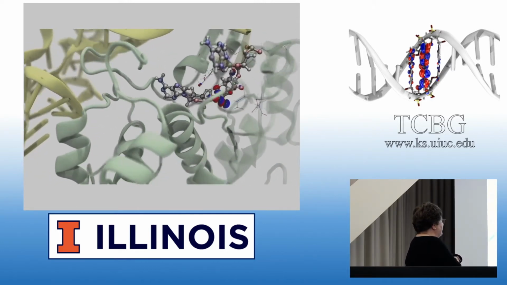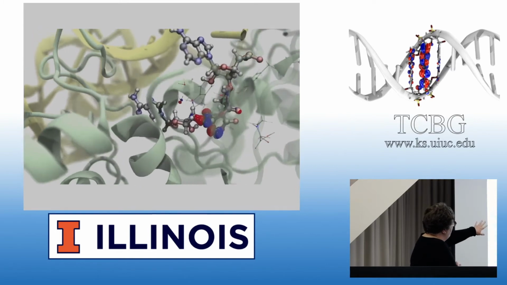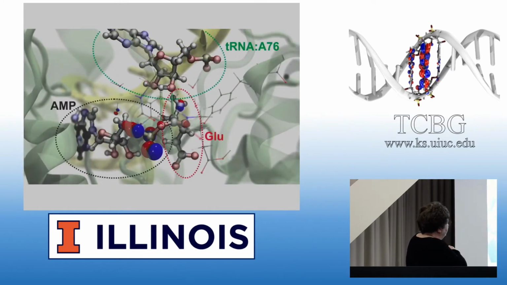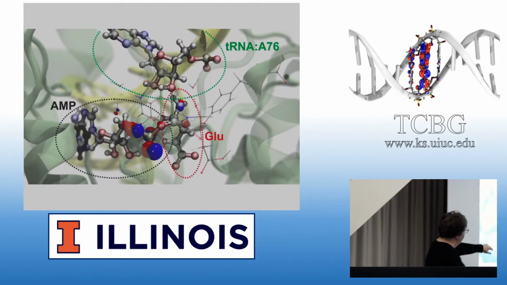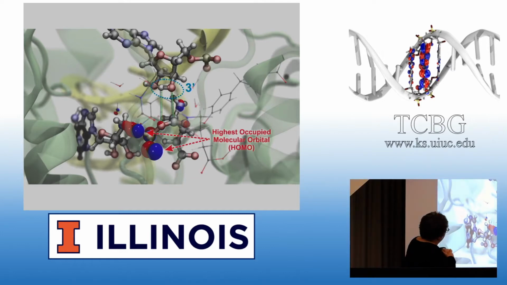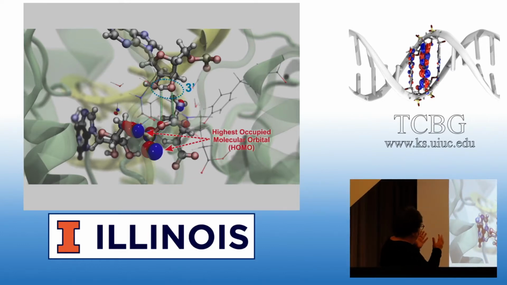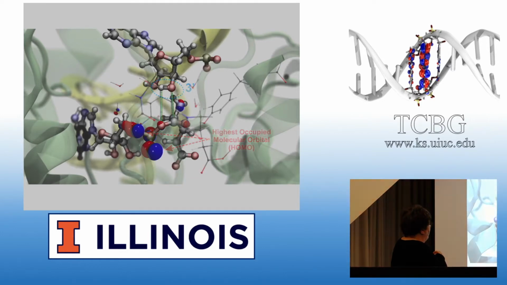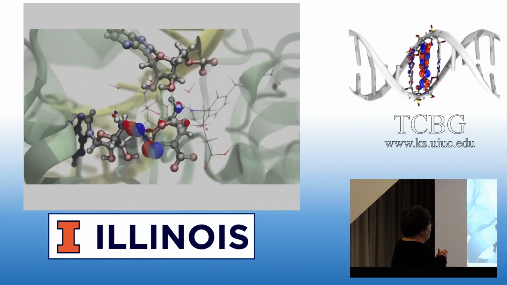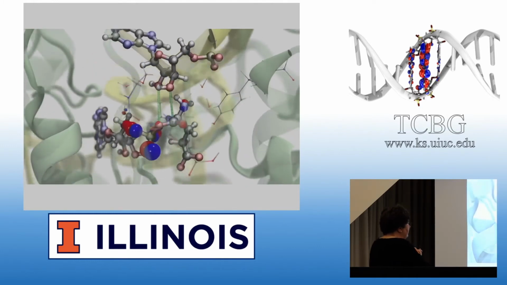Pedagogically, it's fantastic. So you see the AMP moiety over here. They'll even label it for you. See the dotted lines indicate where the action is going to be. AMP, there's the amino acid, and there's the sugar at the 3' OH on that A76. And now let's watch the reaction take place.